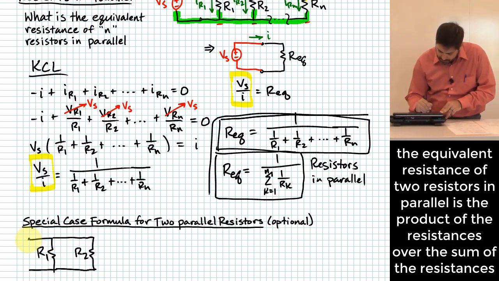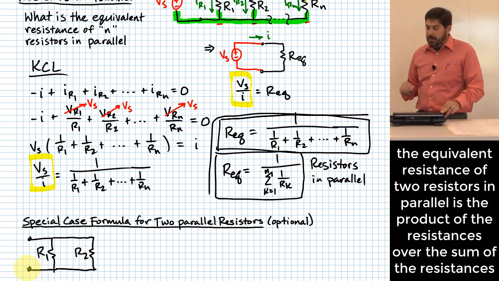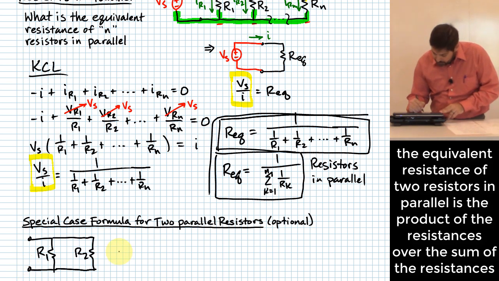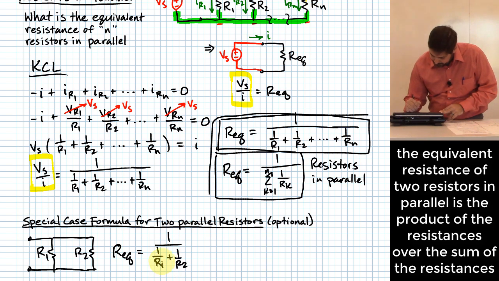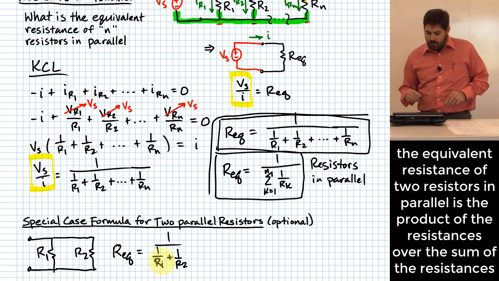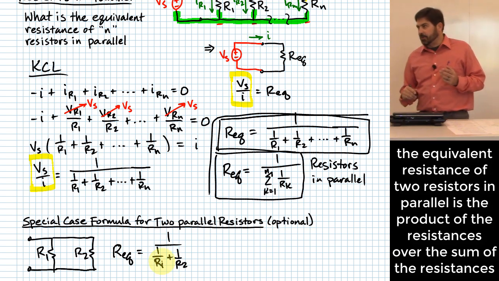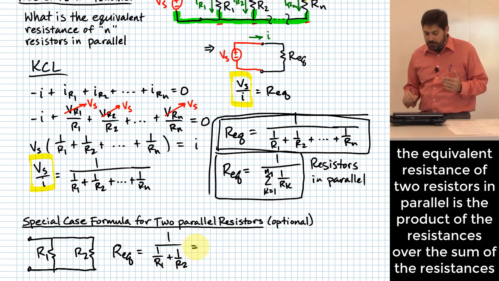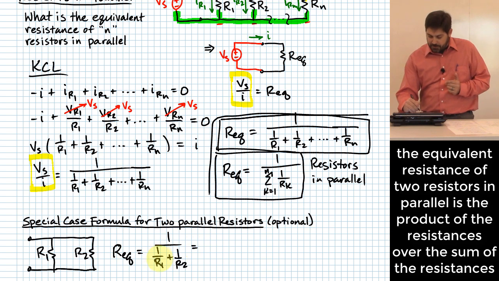But let's say here are my two resistors that are in parallel with one another. Our normal equation to find an equivalent resistance for this setup would be 1 over 1 over R1 plus 1 over R2. Would it be allowed for me to multiply the first fraction by R2 over R2?